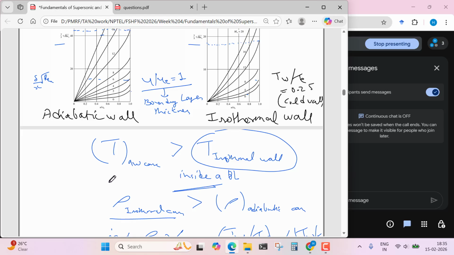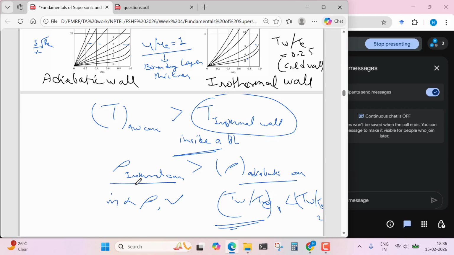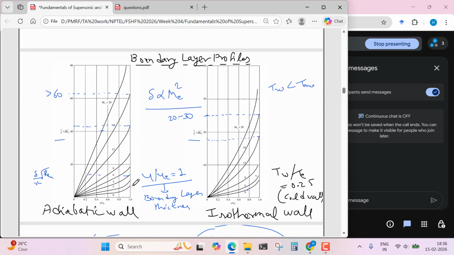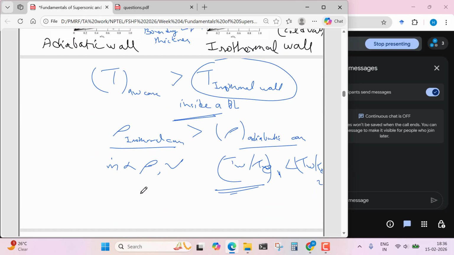If temperature is high for the adiabatic wall case, then its density will be less. So density for the isothermal case is greater than density for the adiabatic case. Now, taking the same mass flow rate, mass flow rate depends on density and volume.